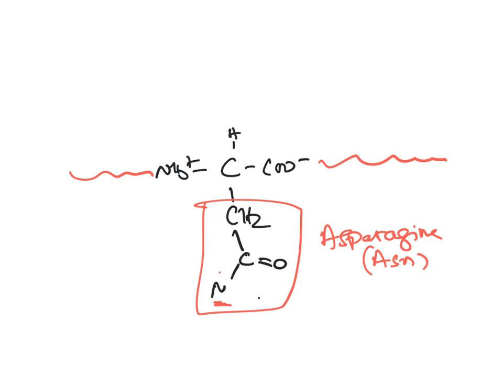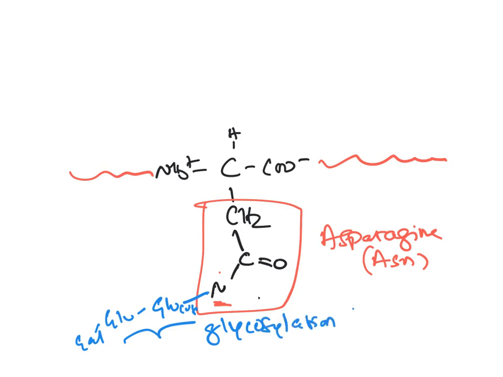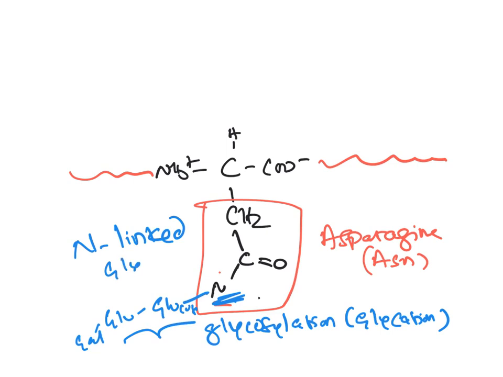If carbohydrate glucose is attached, another glucose attached, and then galactose attached, this part is called glycosylation, which is attached to the nitrogen of asparagine. This type of glycosylation we call N-linked glycosylation.